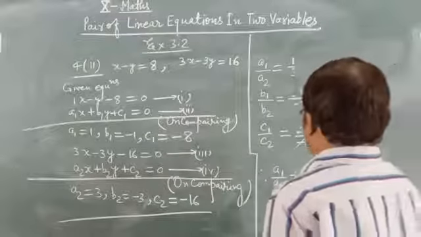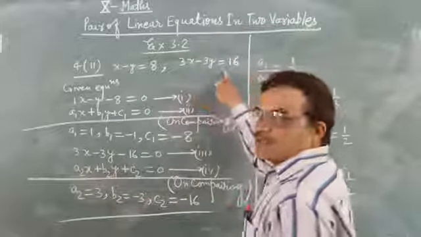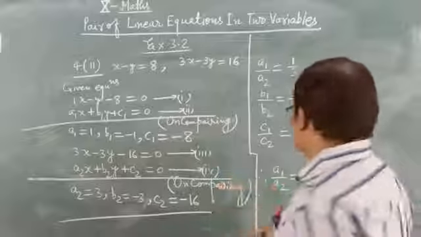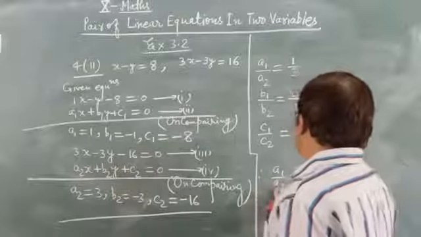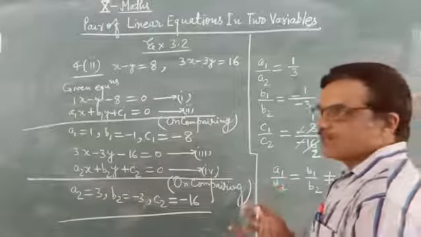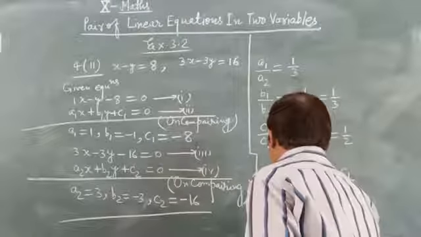See, it is not equal. Hence the given pair of linear equations represents an inconsistent condition. This is the condition when the given pair of linear equations has no solution. Hence it is inconsistent.